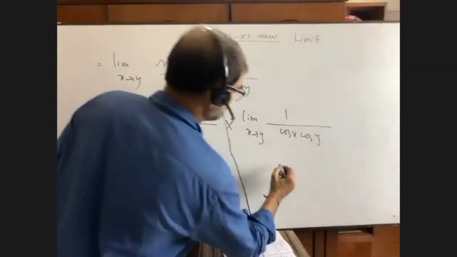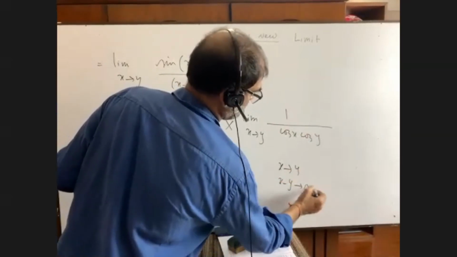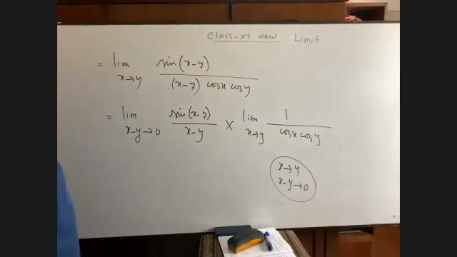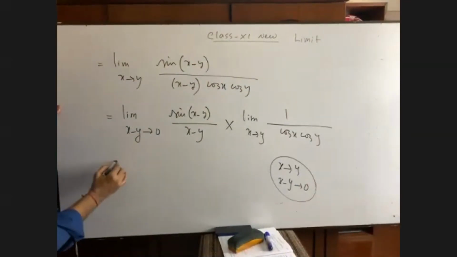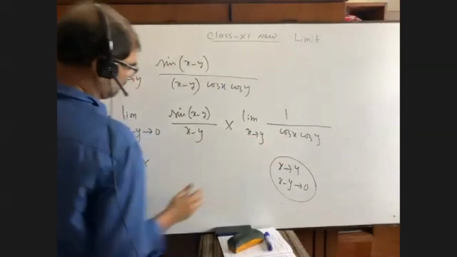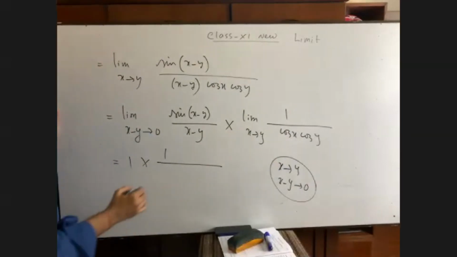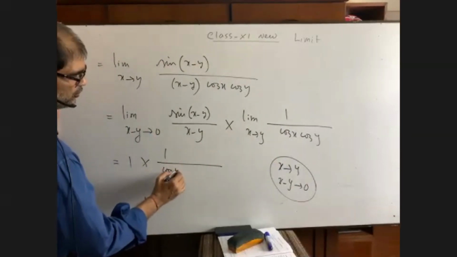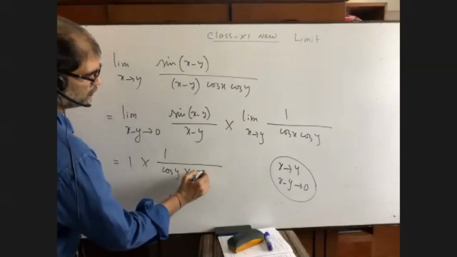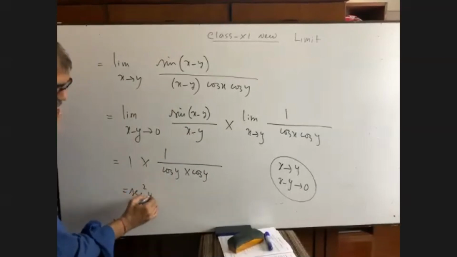The side note is x tends to y means x minus y tends to 0. Now you see this is wholly and fully 1. We are getting 1 here. And cosine x, you put the value here: x equals to y. So cos y into cos y. So it is what? 1 by cos square y. That means sec square y. Our math is done.